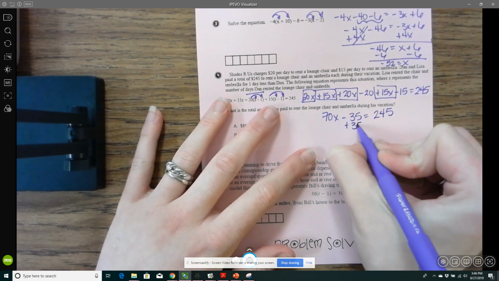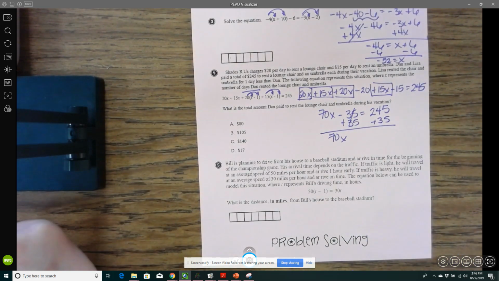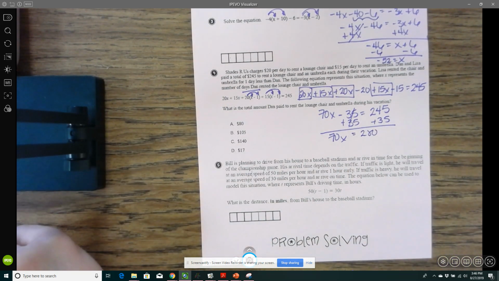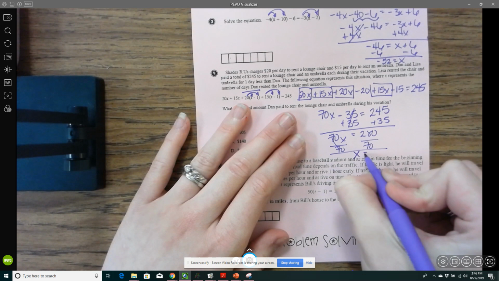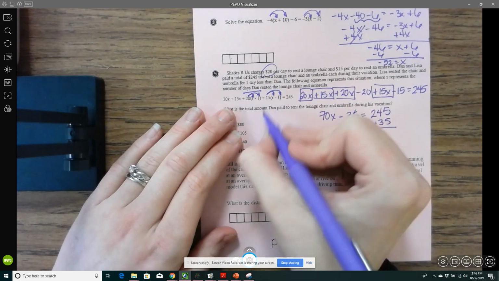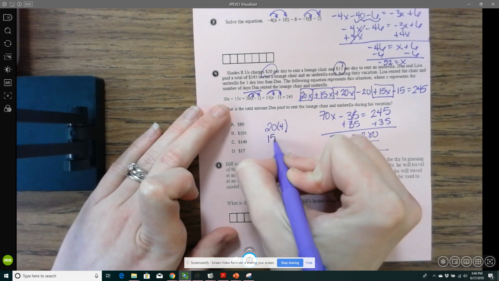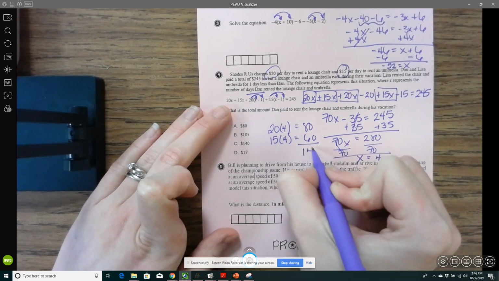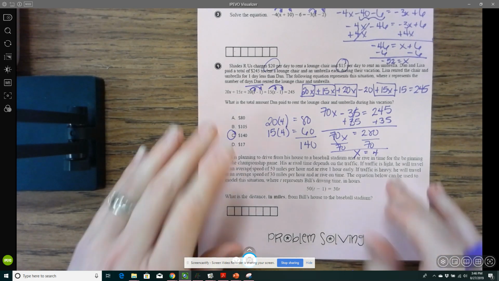So if I solve this, 245 plus 35 is 280. And then we divide by 70. X is going to give me 4. So he rented for 4 days. So he did $20 times 4 days, and he did the umbrella for 4 days. So our answer is 140.